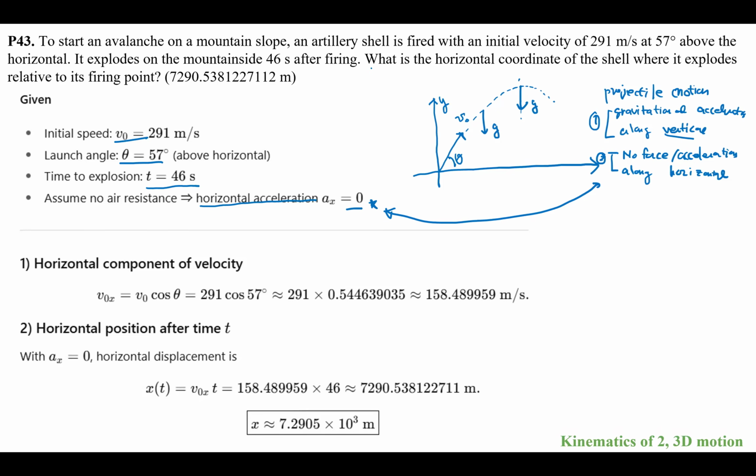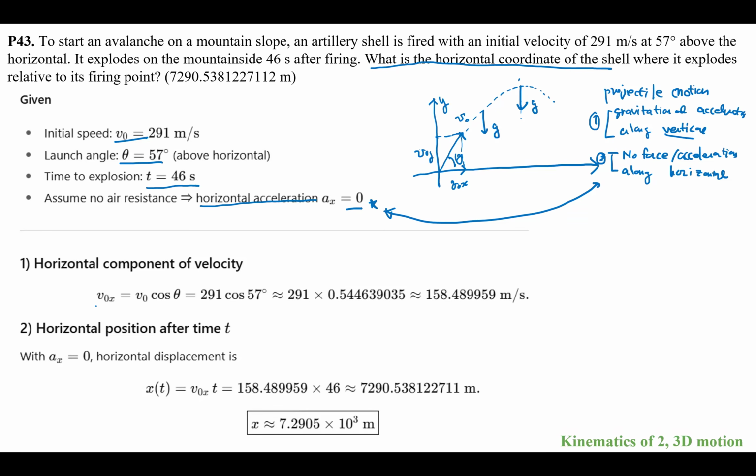And then what is the question? What is the horizontal coordinate of the shell where it explodes relative to its firing point? First we need to separate the motions in two dimensions. So we have V0x and V0y. V0x will not change because there is no acceleration, but V0y will be affected by the gravitational acceleration.